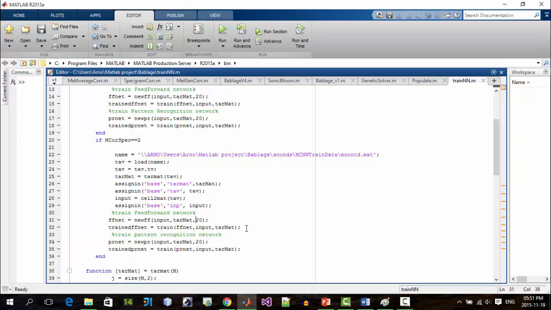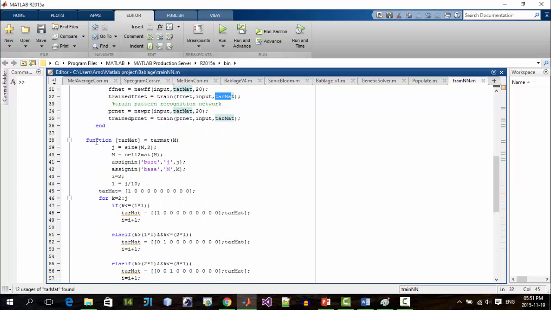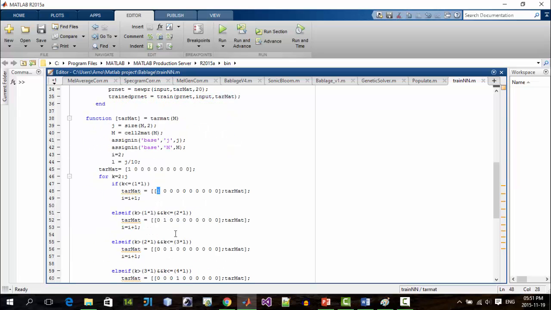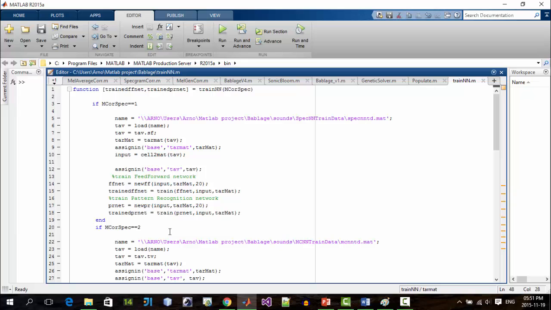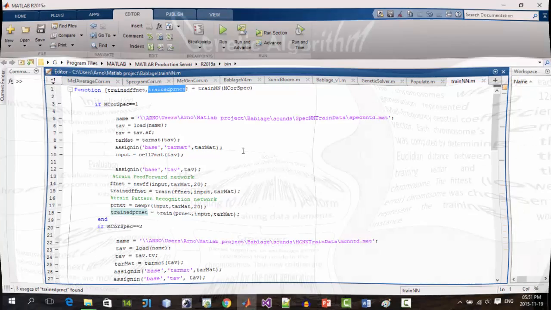After that, we train the network using a target matrix as determined by a separate function, which indicates which instances of each word should be trained to a certain digit class. After this is done, we can send as output either a trained feed-forward network or a trained pattern recognition network, which can be used for classification.